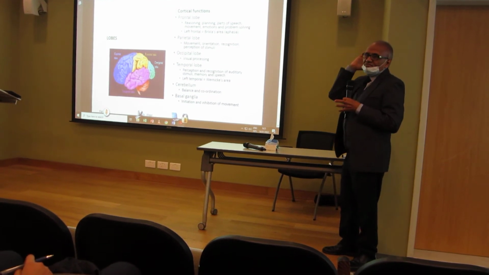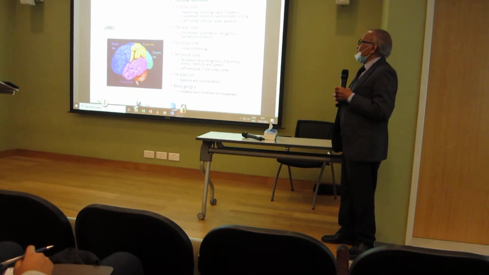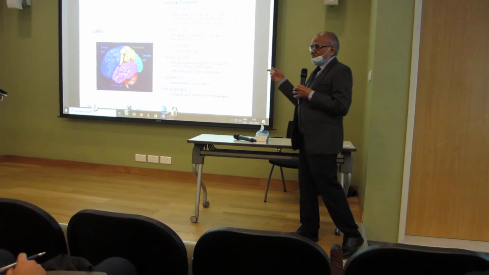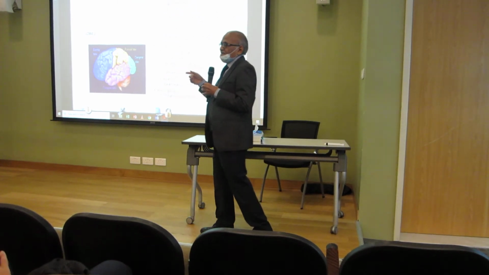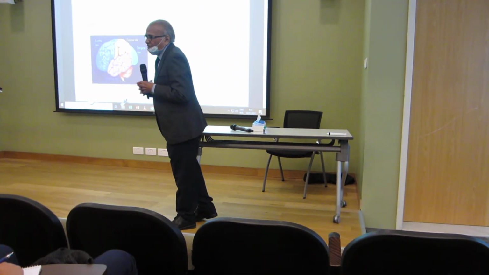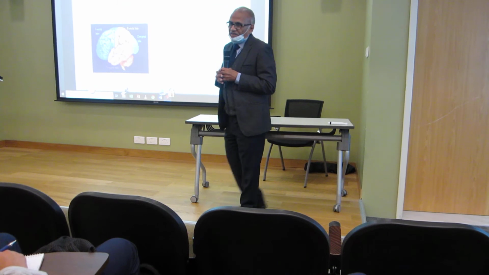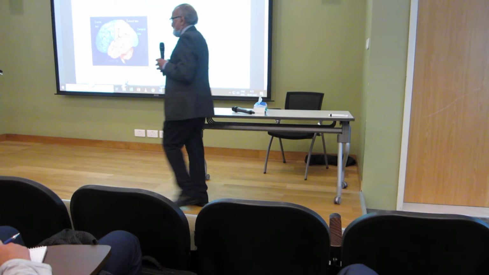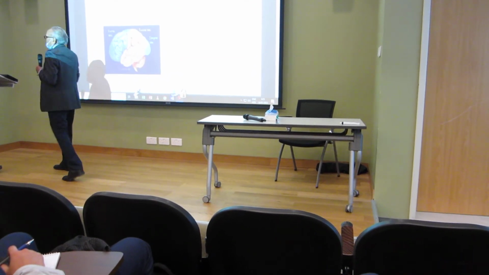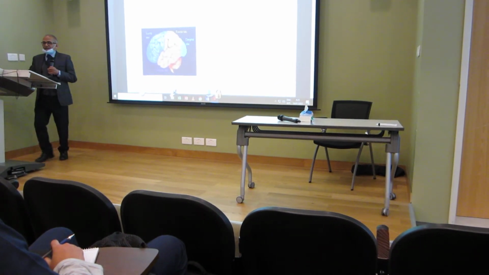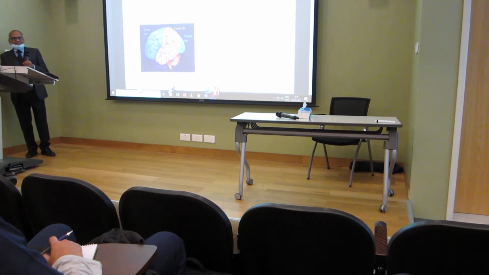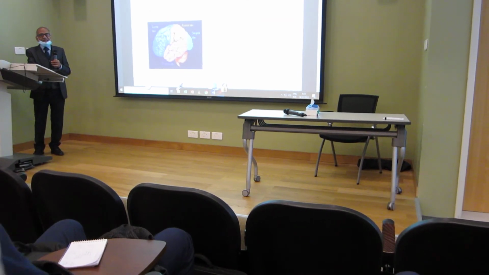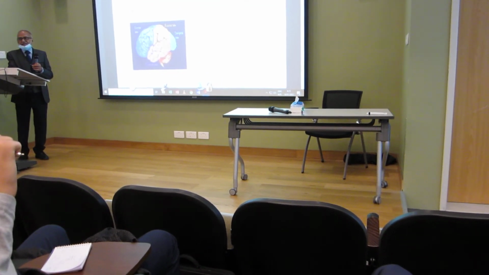Then occipital, the visual lobe. Then temporal, auditory. Then the cerebellum, the motor part of the brain, which cannot initiate the motor function but coordinates motor activities. Then basal ganglia, inhibition and initiation of movements. So all these parts of the brain have specific functions. This we have to keep in mind while examining the patient. All these will give a clue where the lesion is localized.